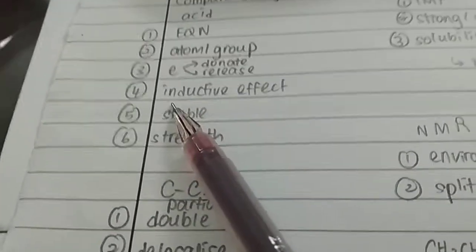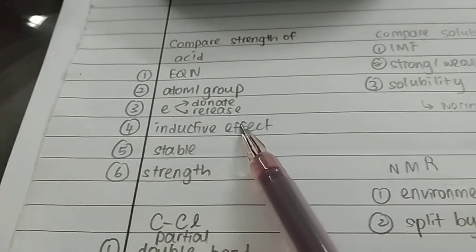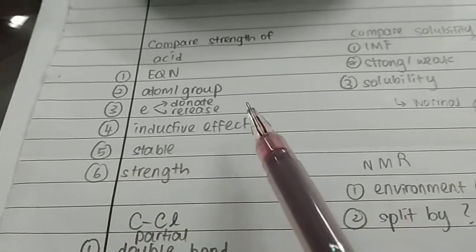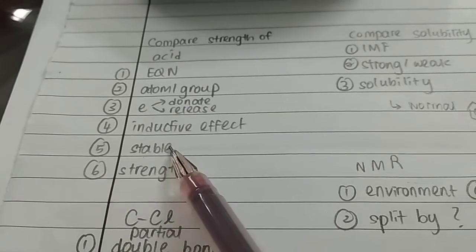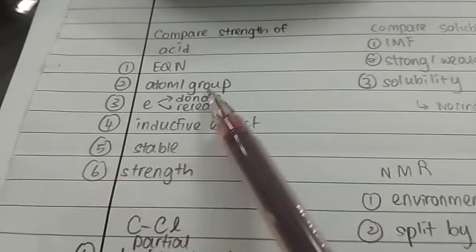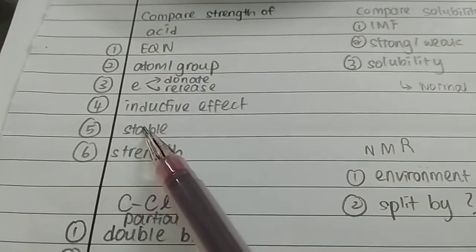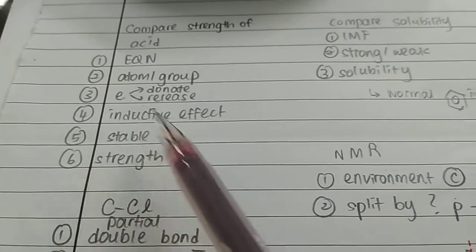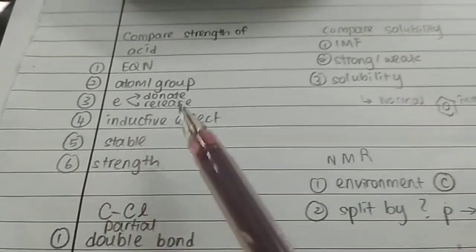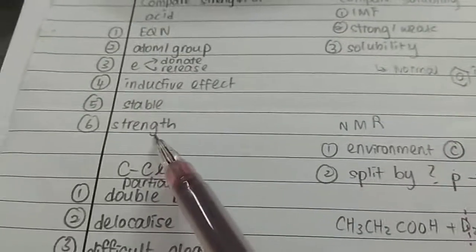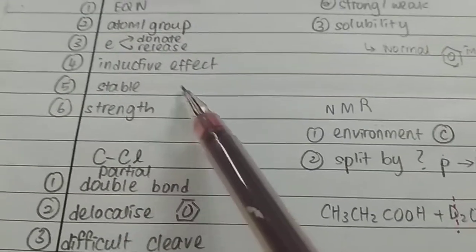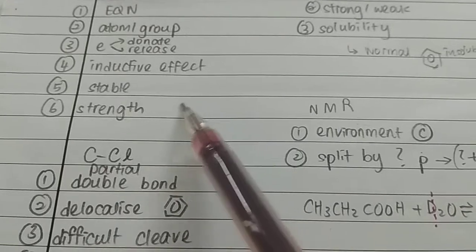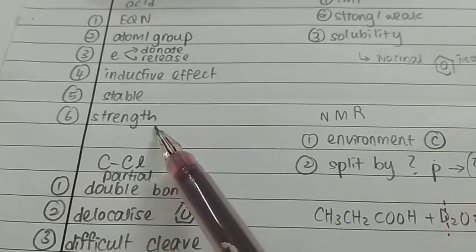After this, we will see whether they have this inductive effect or not. Number 5, the stability of the acid. And we see whether the H plus will attach to the R group or it will fall off. After this, the strength of acid. If the H plus can break off easily, the strength of acid is strong.